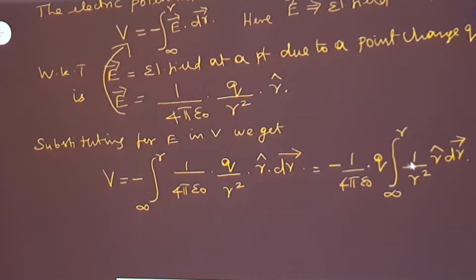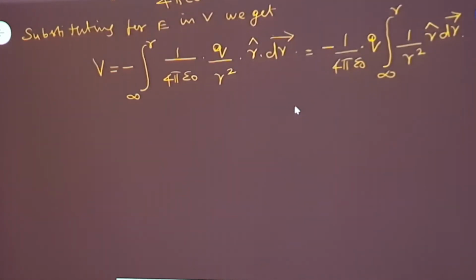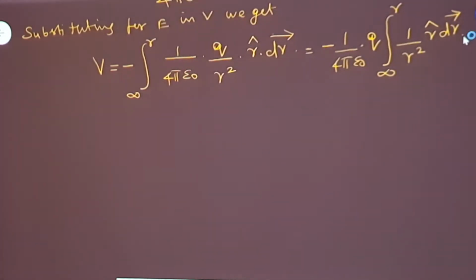How can I simplify this? See, in order to simplify this, I am taking this dr vector and writing it. But we know that dr vector can be written as the magnitude of dr vector, dr, multiplied with the R cap.